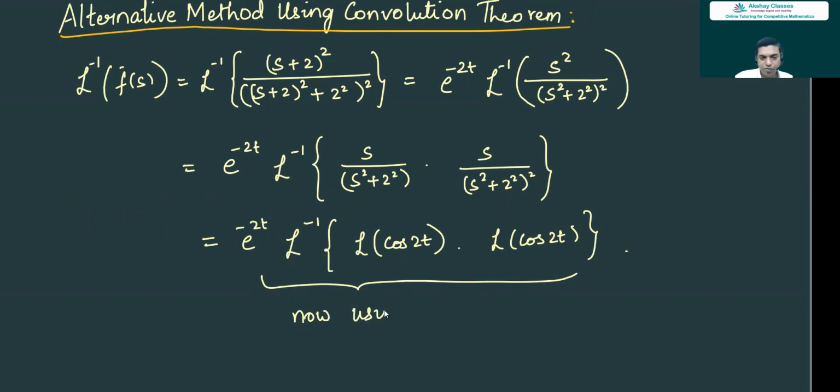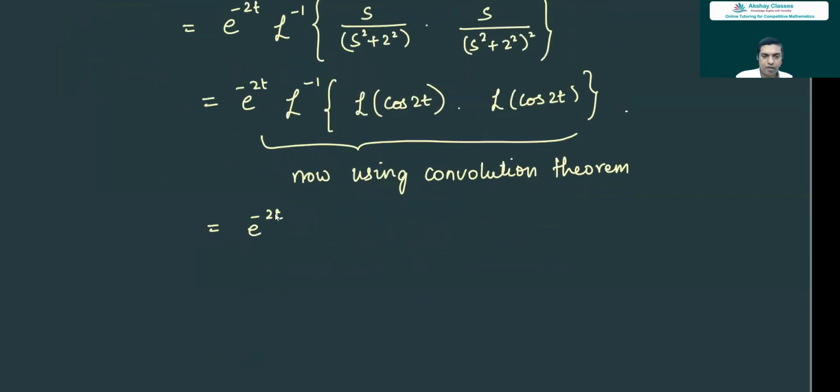now using convolution theorem, we get this as integral 0 to t cos 2u, I'll write as u, and cos 2 t minus u du. Okay.